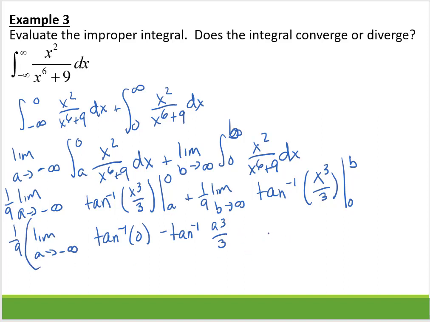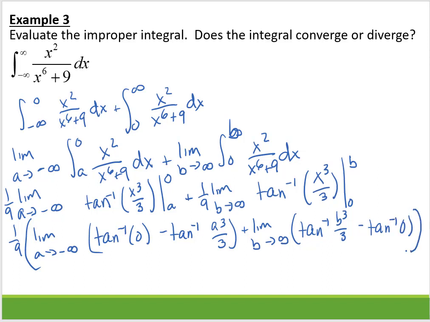I'm going to pull this 1/9 out, plus the limit as b goes to infinity of my inverse tangent of b to the third over 3 minus inverse tangent of 0. Ooh, that's a lot of math happening there.